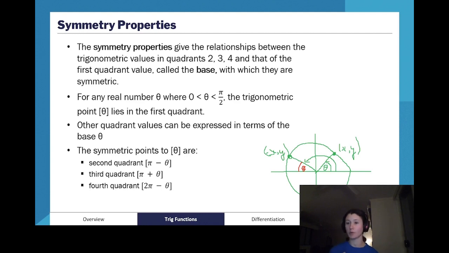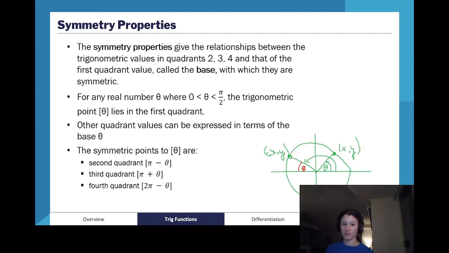So, this takes a little bit of time to wrap your head around. So if you're struggling a little bit, make sure you go back over the content and really try to understand it. But as you can see, our x values here are going to have the same values, just one's going to be negative, and our y values are going to have the same values.